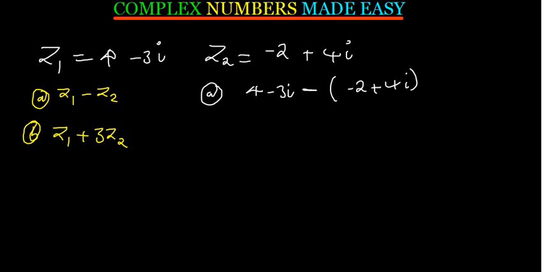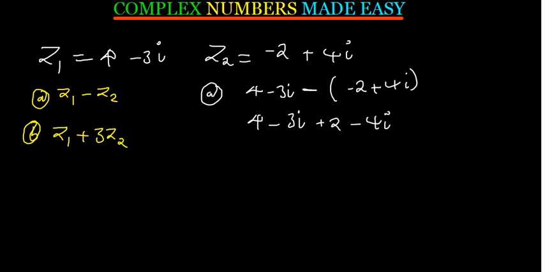You need to put it in brackets, because if you don't, it is going to mean something different. So this is going to give us 4 minus 3i. We distribute the negative now. Negative times negative 2 is positive 2. Negative times positive 4i will be negative 4i.